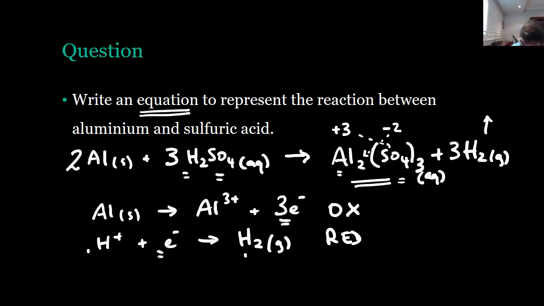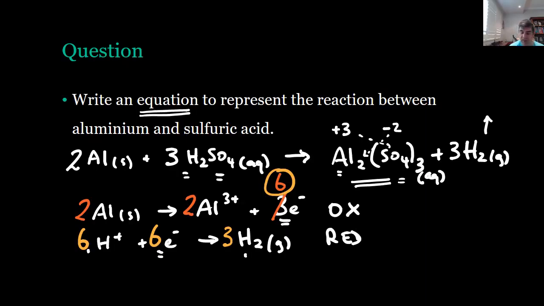So what I'm going to do is I'm going to get my little orange color, and I'm just going to double that, and double that, and double that. And then with my yellow color, I'm going to bring those 6 here into here, 6 there, which makes 6 of them, and 3 of those.